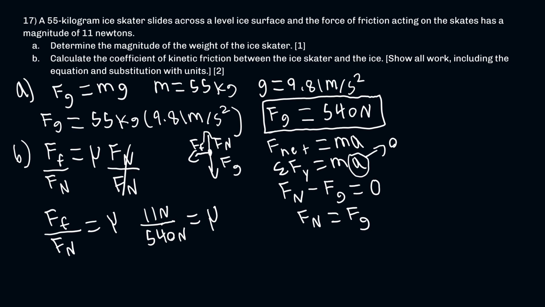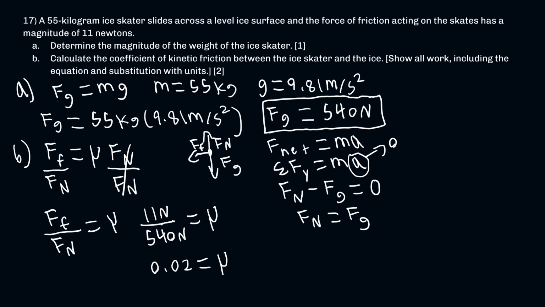My next point is now just being able to put it into the calculator and get the correct answer. So you're going to do 11 divided by 540, and you end up with an answer of 0.02. And there is no unit for the coefficient of friction. You can see that as well.